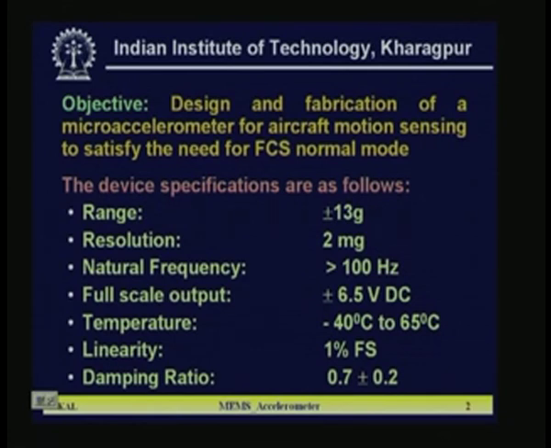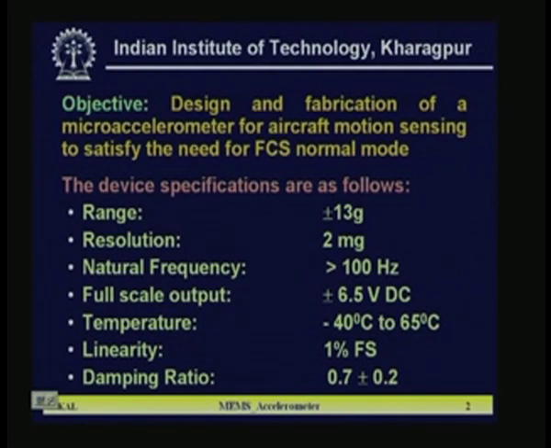The range of that particular accelerometer is of the order of plus minus 13 G. Its resolution is 2 milli-G, natural frequency is greater than 100 Hertz. Full scale output is plus minus 6.5 volt DC. That has been taken from the accelerometers normally used in aircraft motion sensing. Those are bulk conventional accelerometers, that is why they need that much power supply.